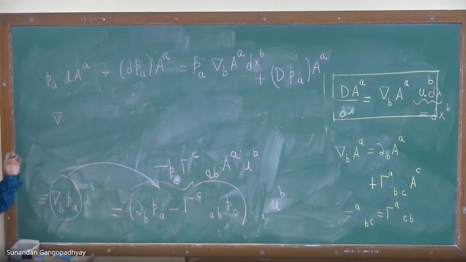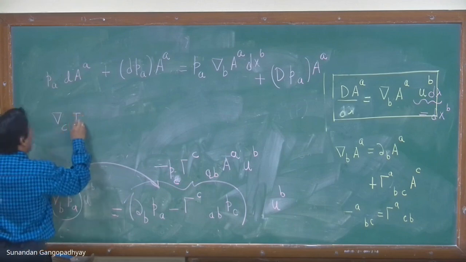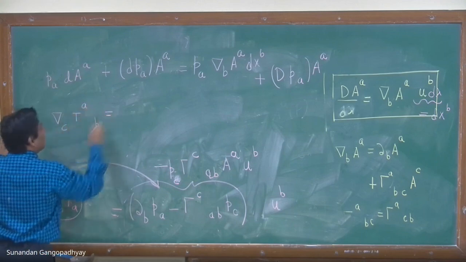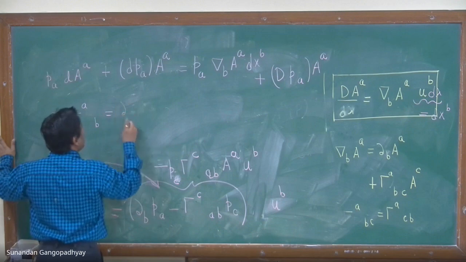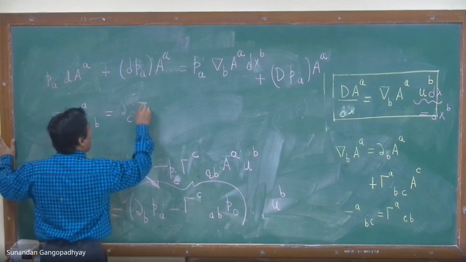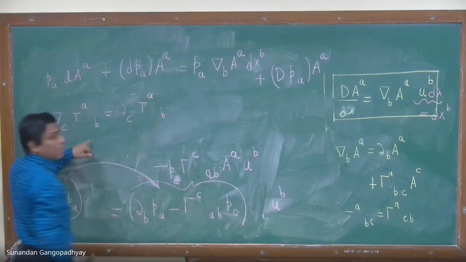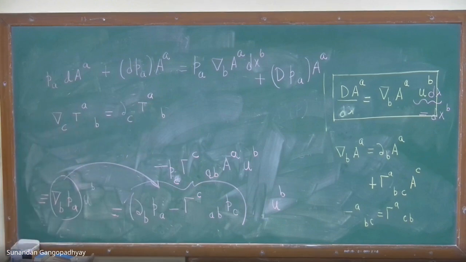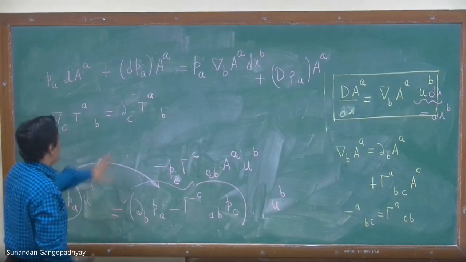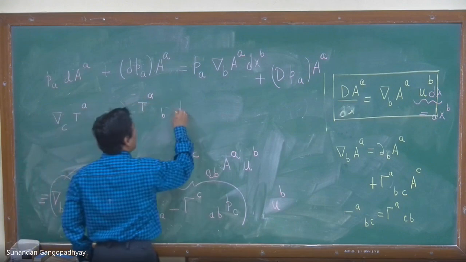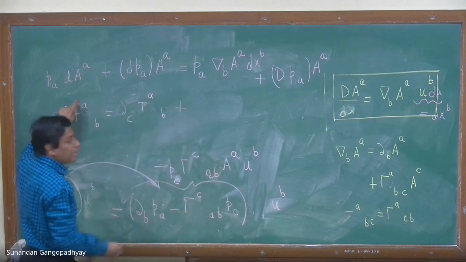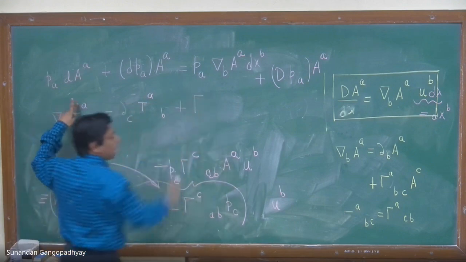So suppose I take grad C T A B, the first term is very easy to write. It is del C, ordinary derivative. This is a mixed tensor because it's a tensor of type 1, 1. This is the ordinary derivative. The second term, for the contravariant index, you have a plus gamma.